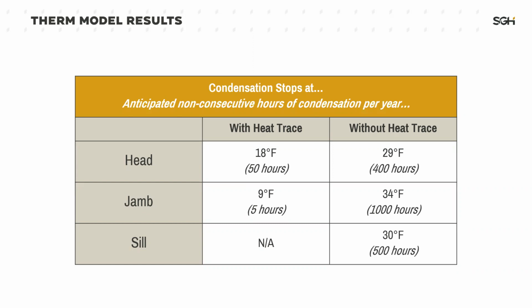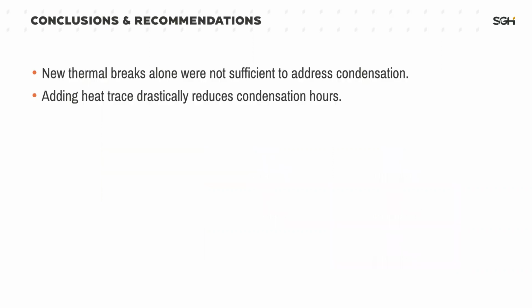But this is what we found from our thermal modeling, and we were able to present both options. Through this project, we saw that new thermal breaks alone were not sufficient to address condensation, but adding heat does drastically reduce condensation hours.